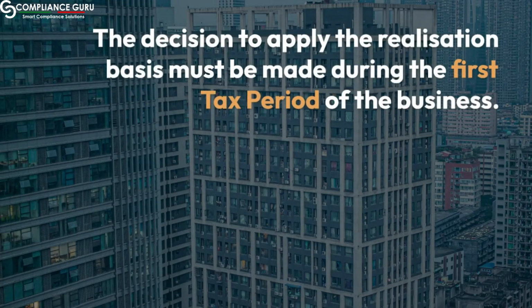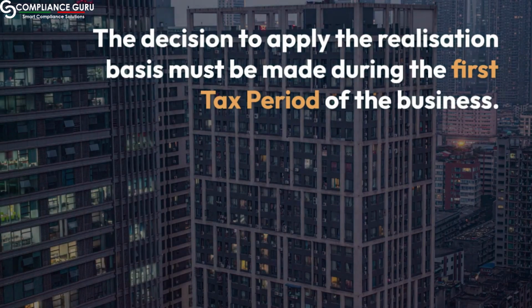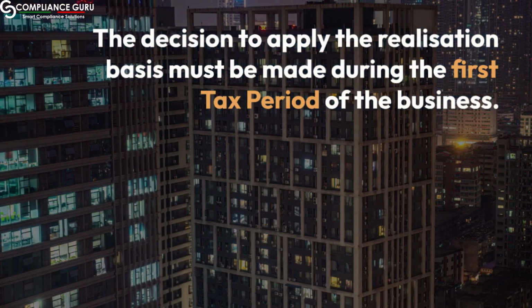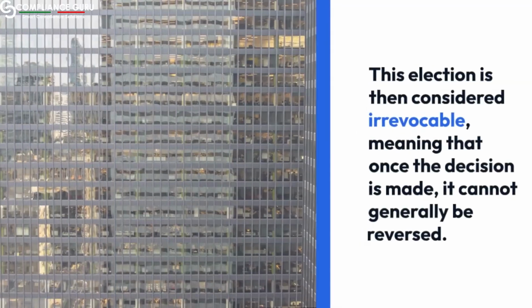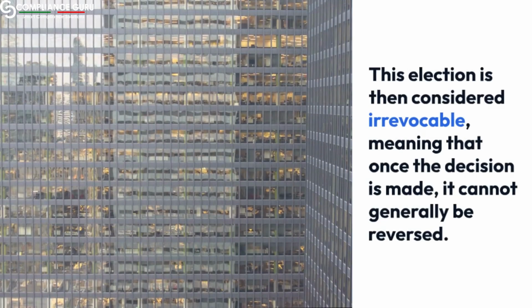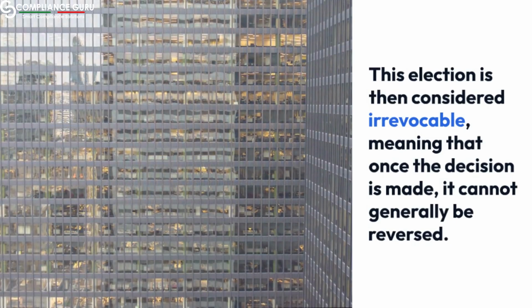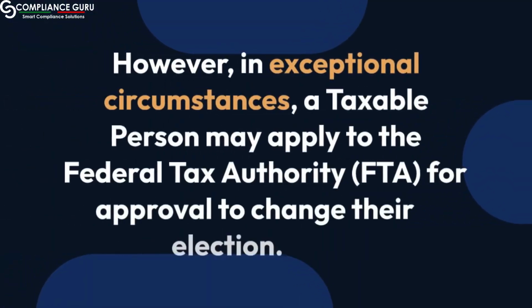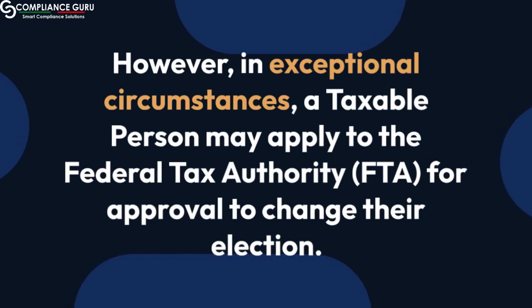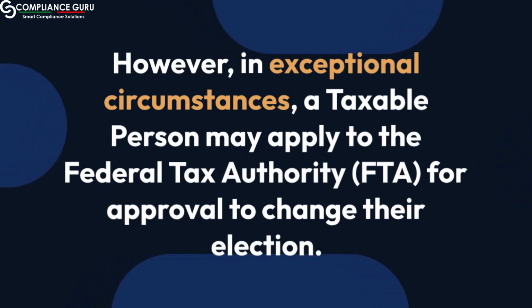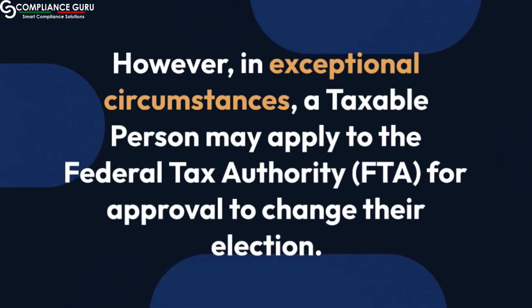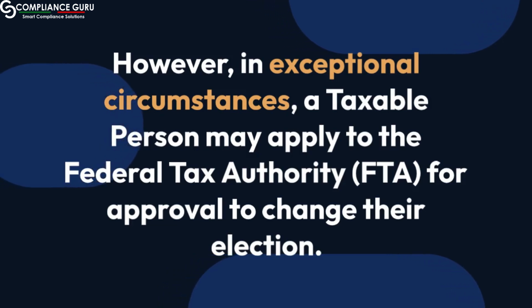Timing of the election. The decision to apply the realization basis must be made during the first tax period of the business. This election is then considered irrevocable, meaning that once the decision is made, it cannot generally be reversed. However, in exceptional circumstances, a taxable person may apply to the Federal Tax Authority, FTA, for approval to change their election.